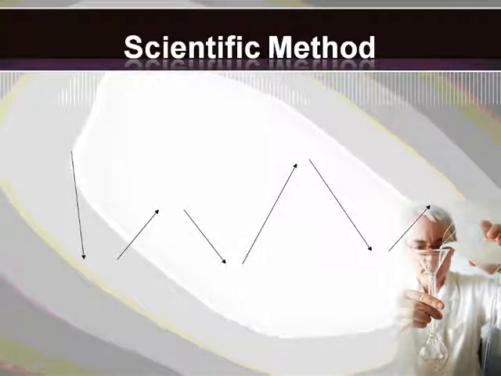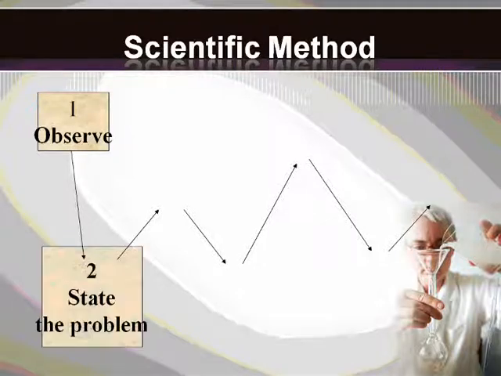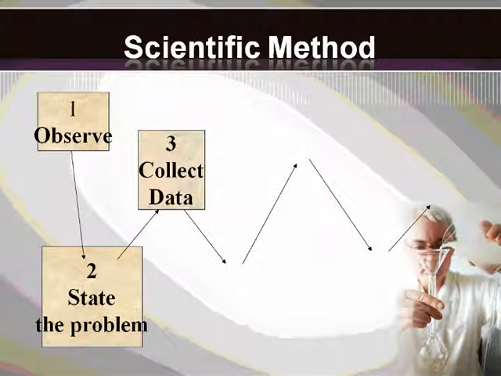Now, let's look at the scientific method. I'm going to go through the steps and then we're going to discuss them. The first step of the scientific method is to observe. The second step is to state the problem that we have, something that you're trying to solve. Third is to collect data, collect information about it. This could also be the research step.